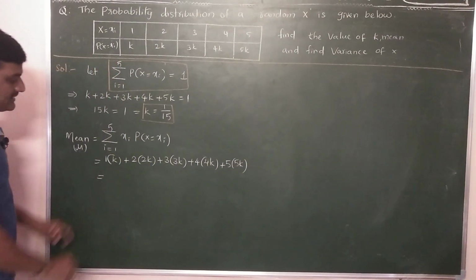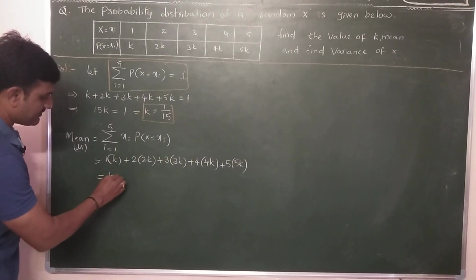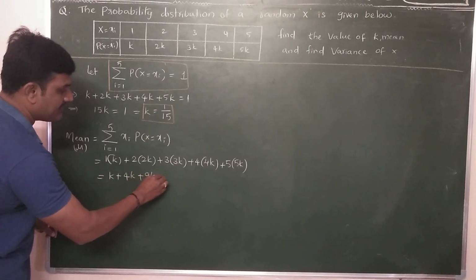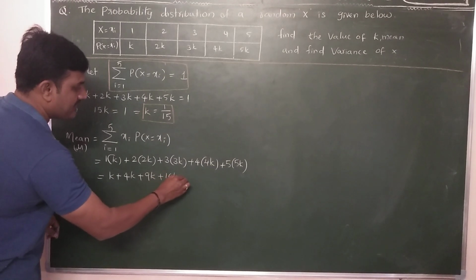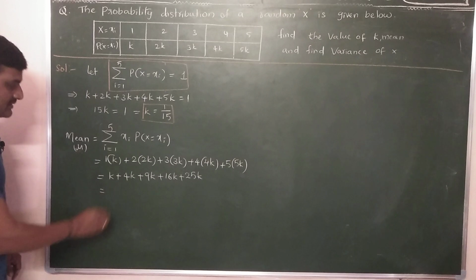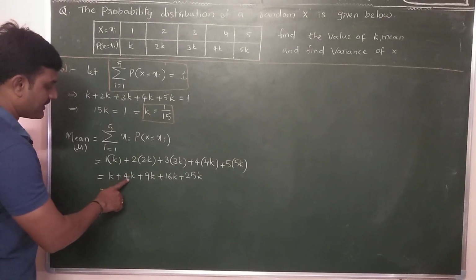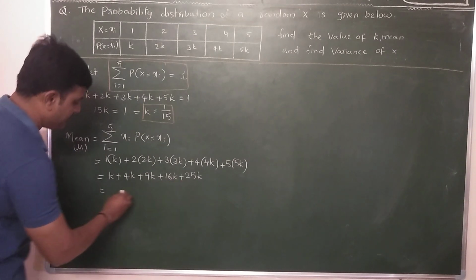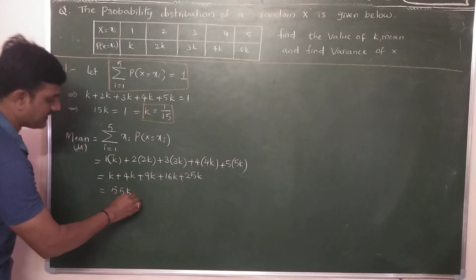Then total: 1k, this is 4k, this is 9k plus 16k plus 25k. Now the total is 1, 5, 14, 30, 55k.